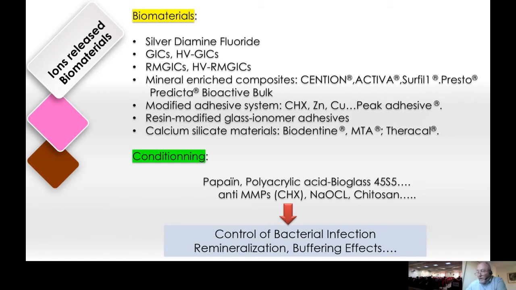So concerning now the ion release biomaterial, thousands of publications can be found, but available products on the market are quite reduced and can be ranked as glass ionomer, resin modified glass ionomer, a new group called mineral enriched resin composite like Activa, with methacrylate functionalized calcium phosphate, modified adhesive system group, and calcium silicate material family, and more all the conditioning technique aiming to stabilize the hybrid layer and dentine interface.